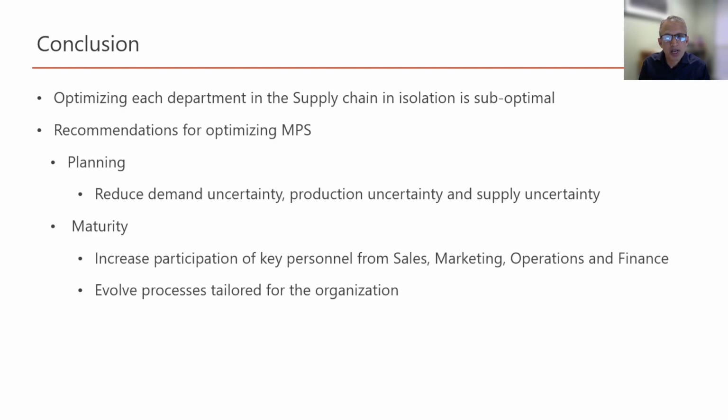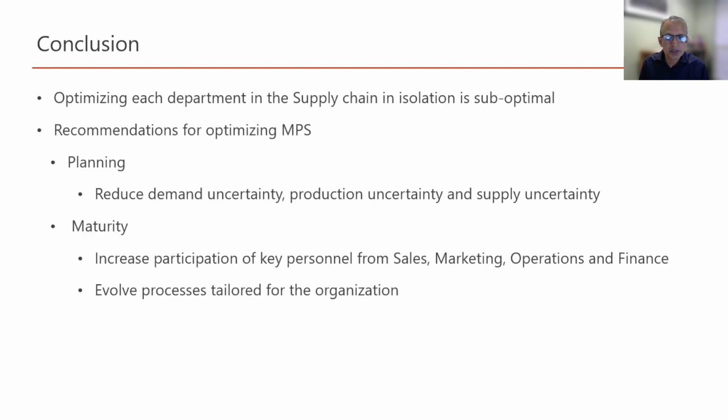Otherwise, we will have too much or too little inventory, and we will find ourselves making continual changes to the production plan. And these setbacks will reduce confidence in the process. And instead of optimal scheduling, we may end up doing ad hoc scheduling.